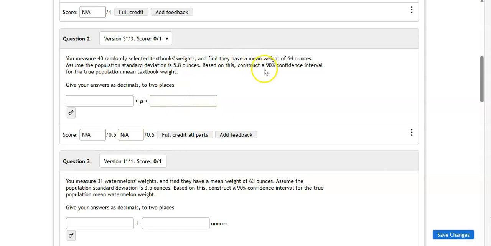All right, now let's deal with our confidence interval first. The first one gave us the Z score, but here what we're going to do is 1 minus 90% as a decimal, and that is 0.10. And then once we've done that calculation, we always want to divide it by 2.